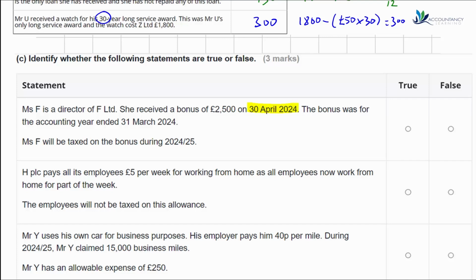But because Miss F is a director of the company, the income is taxed at the earliest of when the payment is made, which is the 30th of April, and the time when the person becomes entitled to the payment, and the bonus was for the accounting year ended 31st of March 2024, which is in the previous tax year. And on that basis, the answer is false. If Miss F had been an employee, it would be true, but because she's a director, it's false.